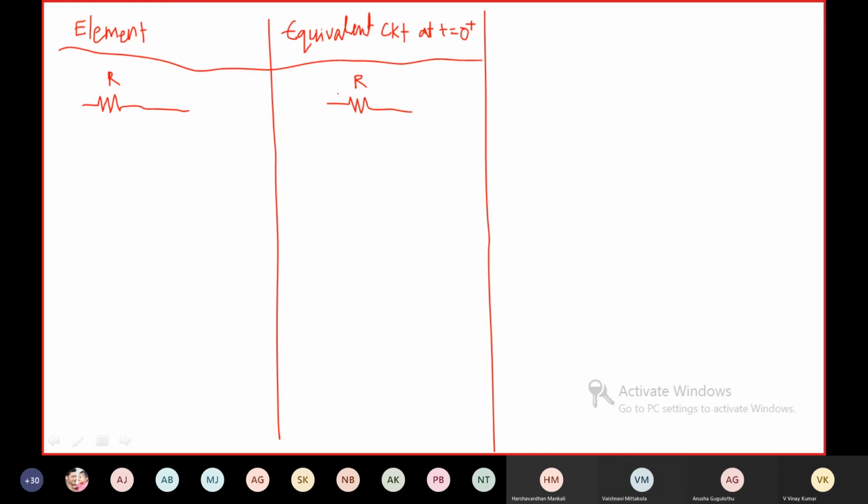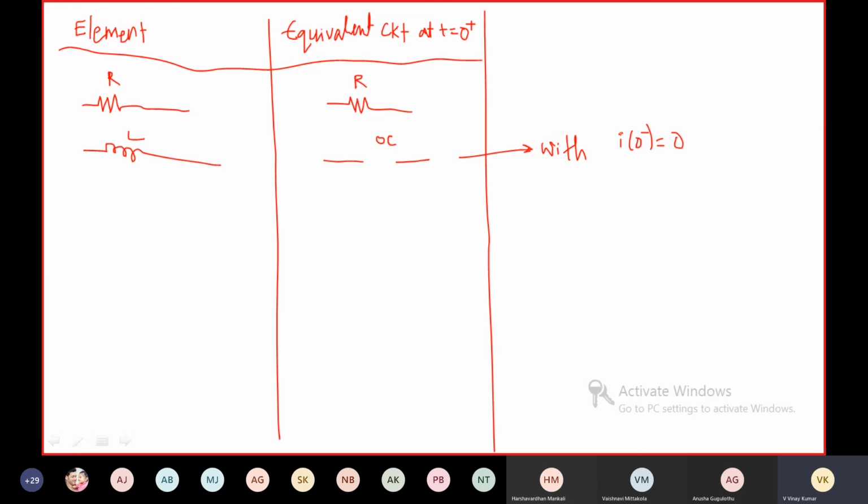The behavior of this resistor is independent of time. Coming to inductance, inductor L. Inductor acts as open circuit with zero initial value, which means I of 0 minus is equal to 0.